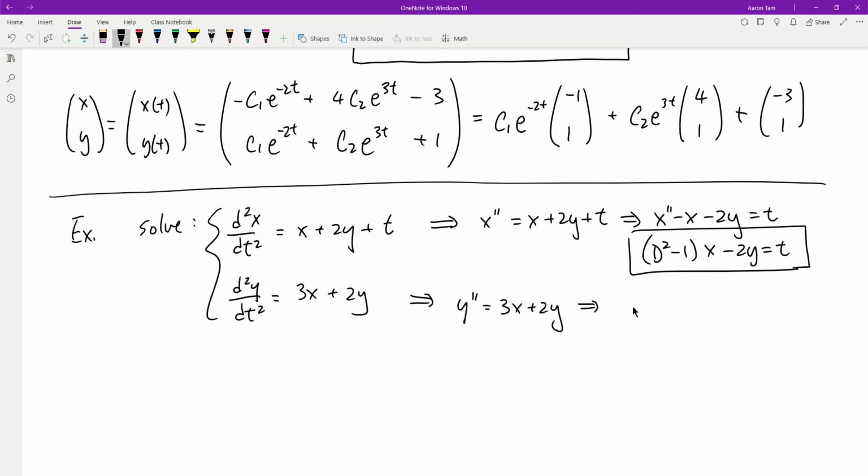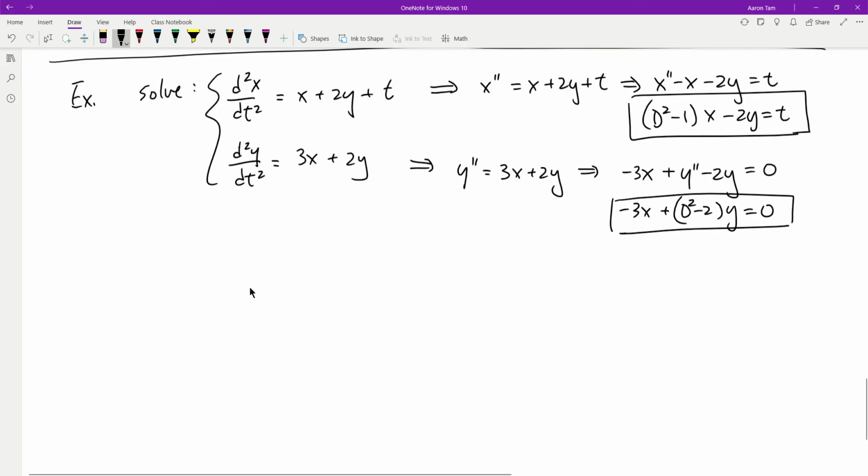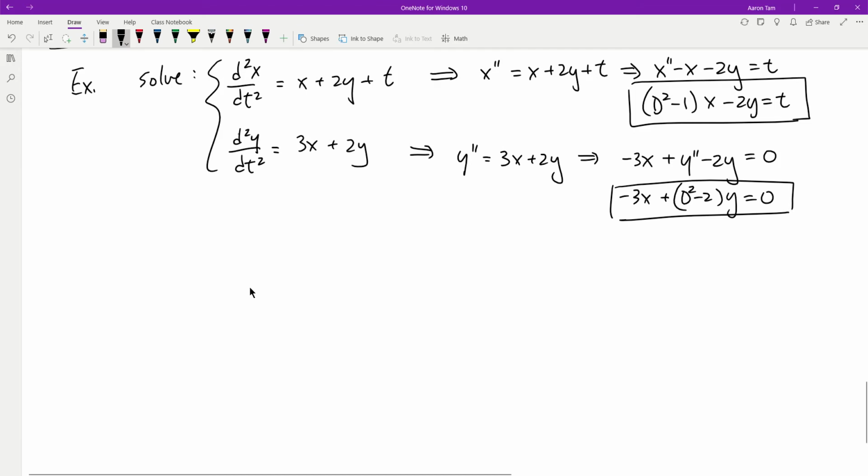So therefore negative 3x plus y double prime minus 2y equal to 0. Therefore negative 3x plus (d squared minus 2) of y equal to 0. So now I have my two equations in differential operator form. Looks pretty good.